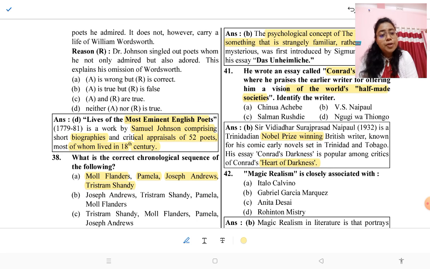Chinua Achebe also criticized Heart of Darkness because Conrad used a derogatory term for Africans as inferior. When I made a video about Edward Said, I saw that Said also took lots of concepts from Conrad's Heart of Darkness and built his thesis on this novella.